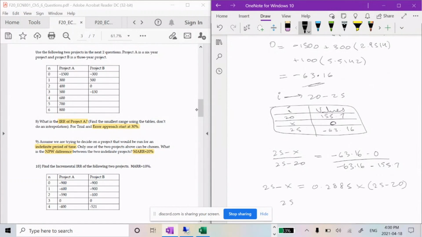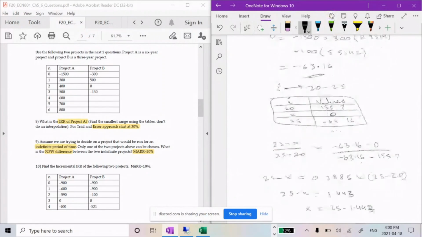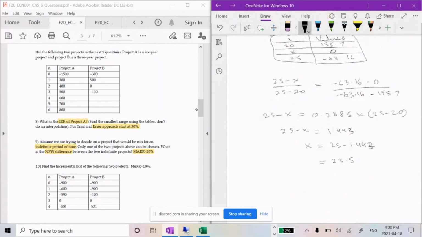So you're getting 25 minus x equals 1.443. You solve for x: 25 minus 1.443, and that's exactly how you get 23.55. That's the exact value of I that you would need.